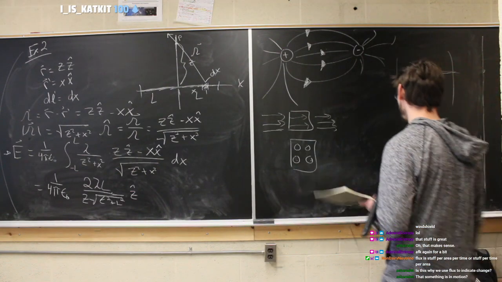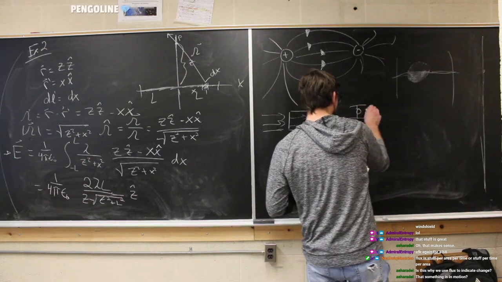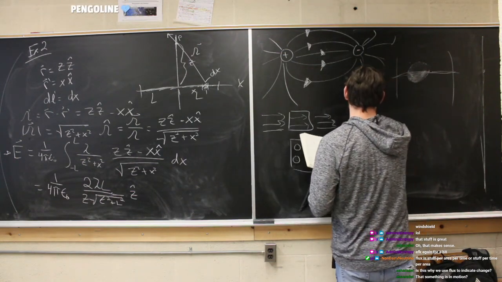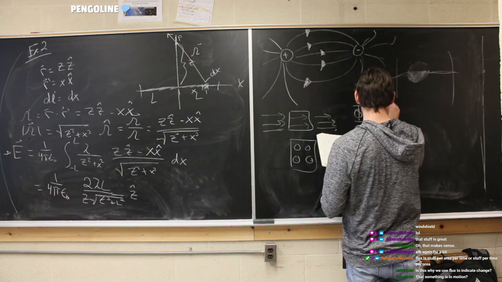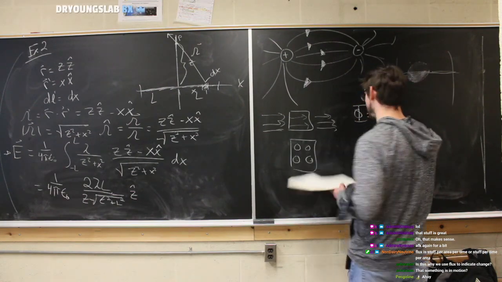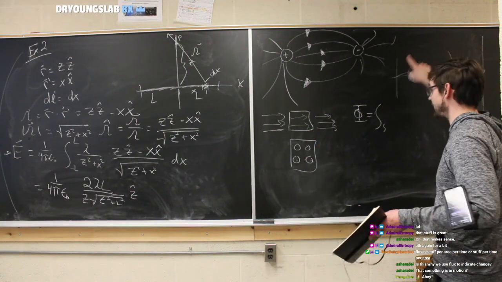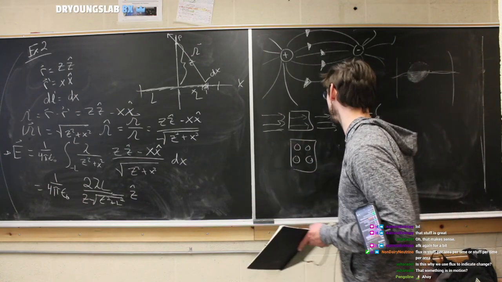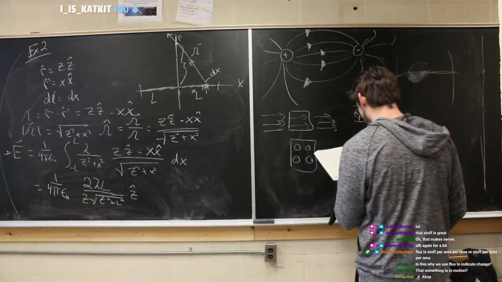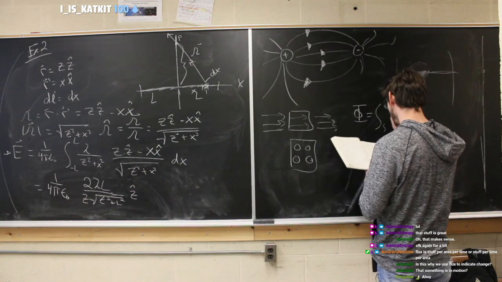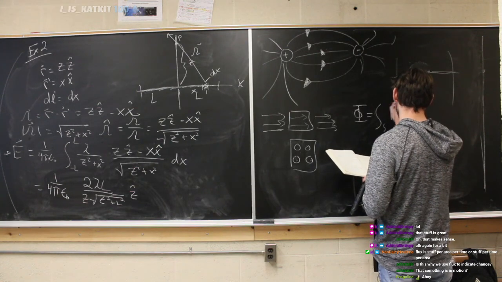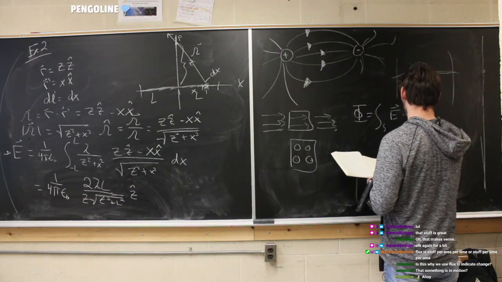Let's write the formula for flux. Flux is best thought of as the integral over the surface, that surface being the object in question, that pipe with the water, or this box with the electric field. That surface of the object, the integral over that of the electric field dotted with the area.